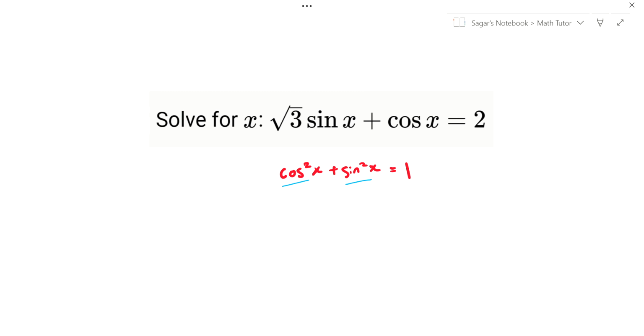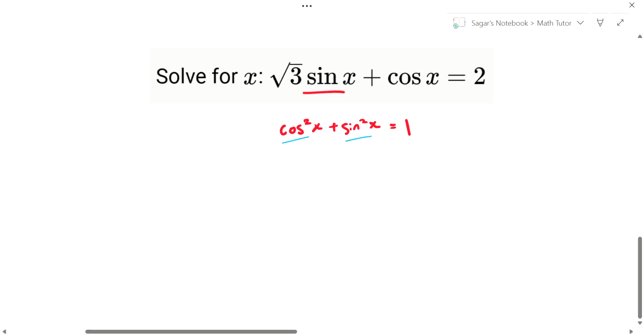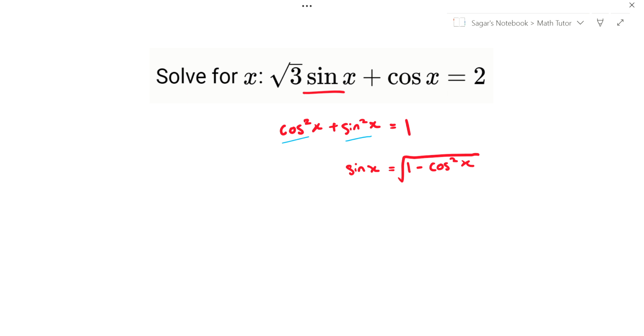Let's choose sine x in this case, simply because it's first in that expression, right? So we've got sine x equals the root of 1 minus cos squared x. So I've made sine x the subject of the formula.